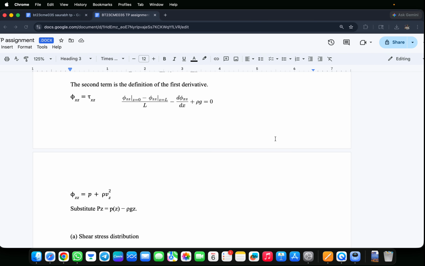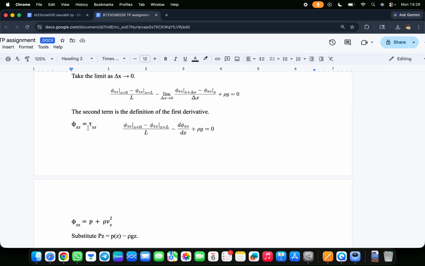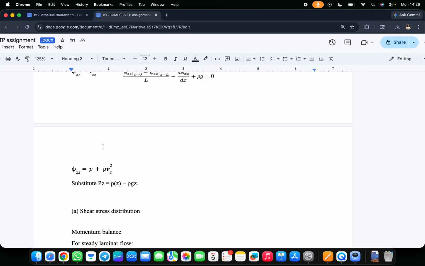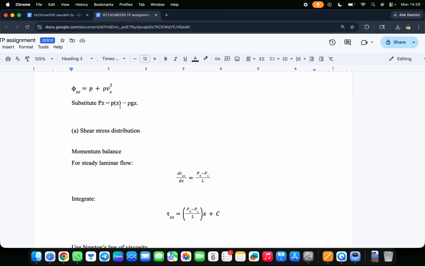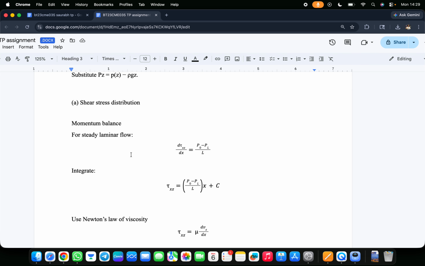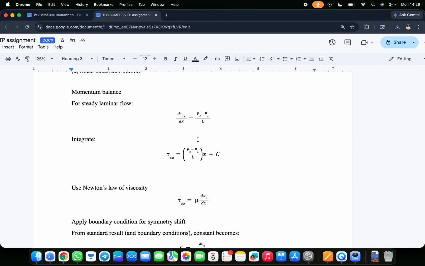So phi zz will be p plus rho vz square, and phi xz will be tau xz, and rho vz square, as vz is not changing, the input and output will be the same. So our final equation, substituting P equal to p plus rho g h. After substituting everything in the above equation, our equation will look like this.